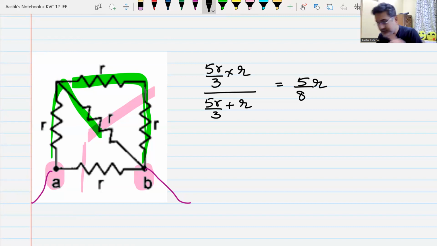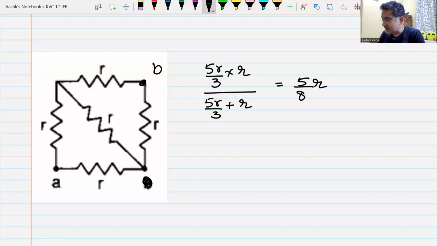Now, remember the difference in the point. If I change the point, and if I put the point B here, then the question is totally different. Now one point A is here, the other point B is here.